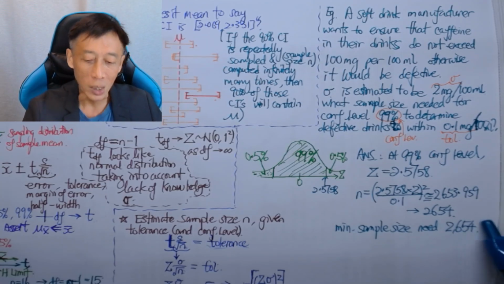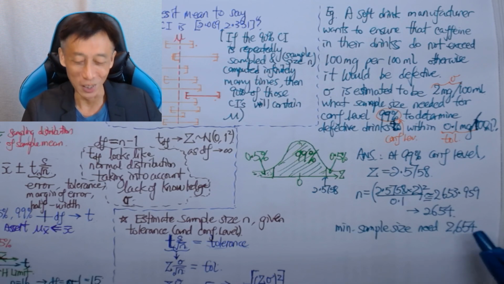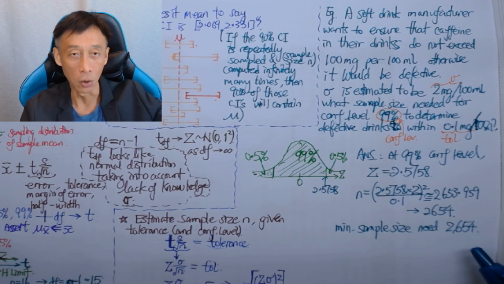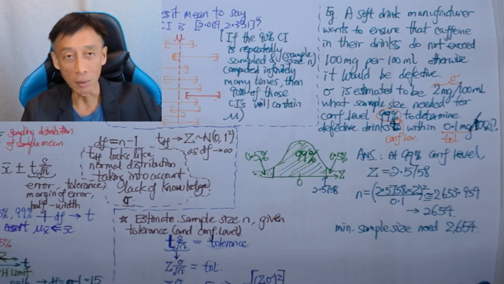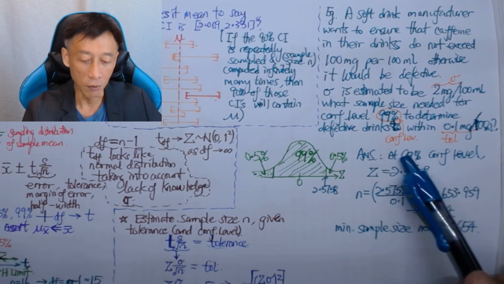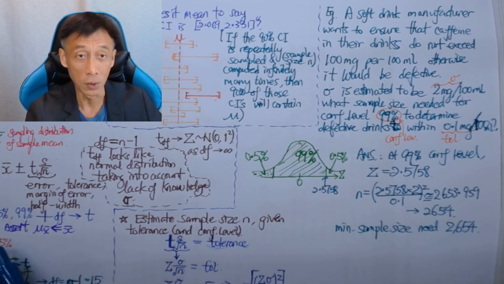So once we destructively measure, because we are going to open up, randomly select 2654 cans, open them up, pour out the 100 ml, go through some chemical process to determine the caffeine level, and then make the measurement, right? If that entire process of constructing the confidence interval, now we do the other positive step.